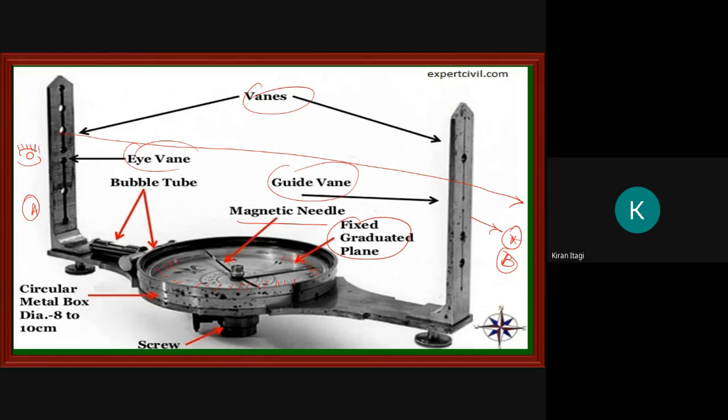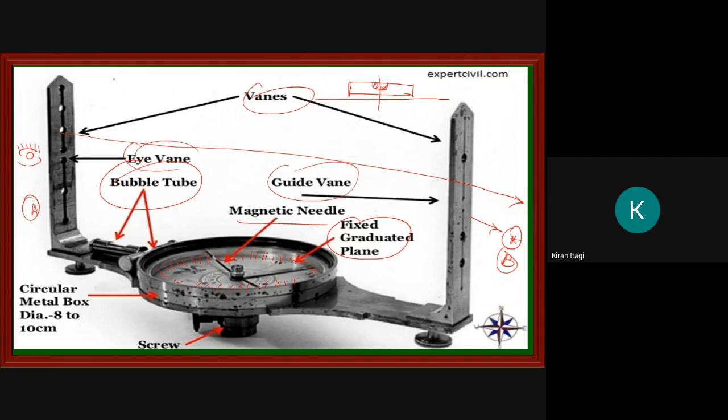Here some angles will be mentioned. And we have a bubble tube to make it horizontal. This is your bubble tube, and this is the center. The bubble should be at the center, which indicates that your instrument is perfectly horizontal.